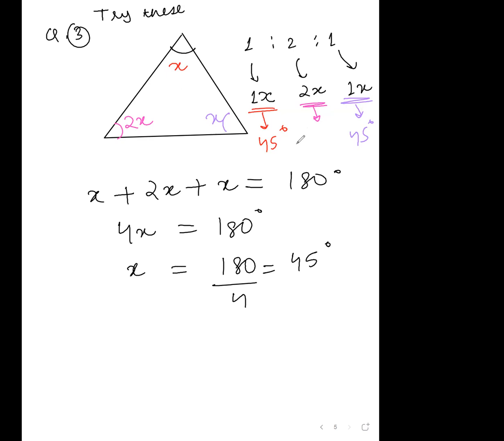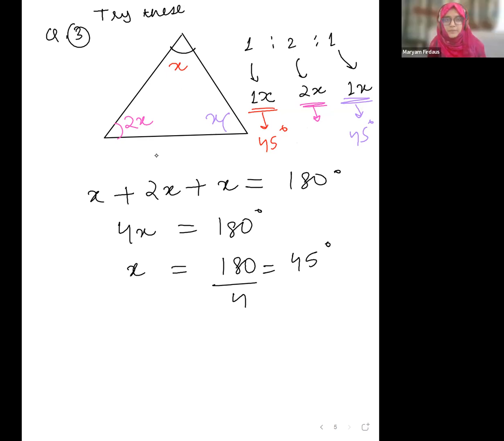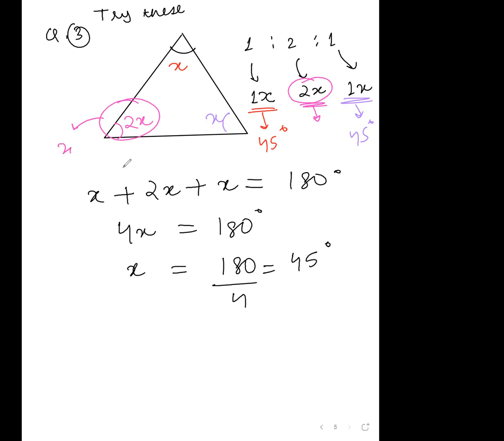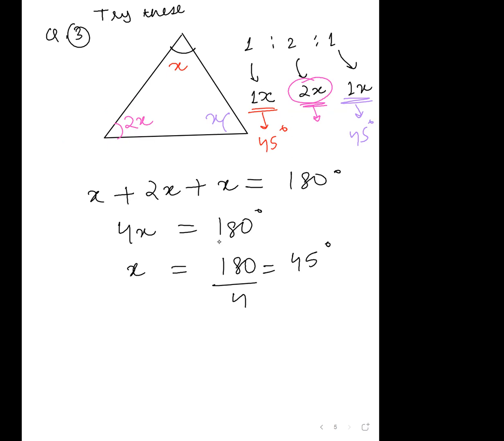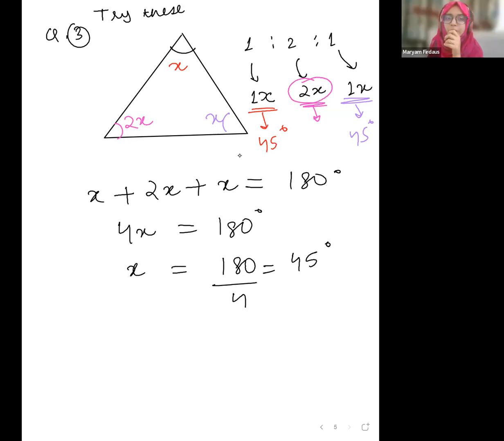No. Why do we have to multiply them? Bacha, what is 2x? We have to find out what this angle is. We know that this angle is 2 multiplied by x. And what is x? 45. Then what does it become? Wait, I will find it. 90. Very good. So this angle is 90 degrees.